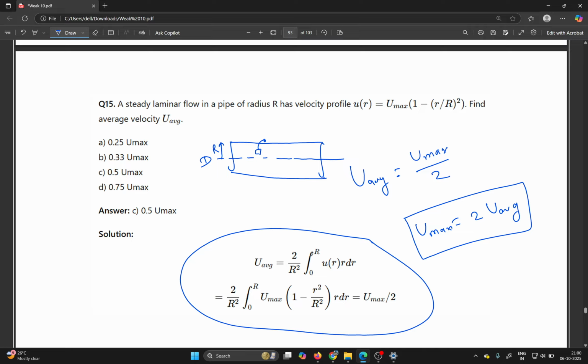Integration means summation. So you are summing this differential element, and after that you are dividing by R, because you have a similar profile here and here, and we are discussing only half. So you are adding all these things and dividing by R.